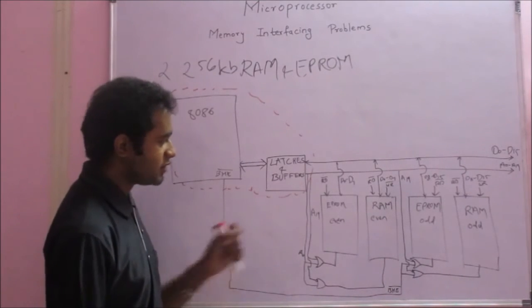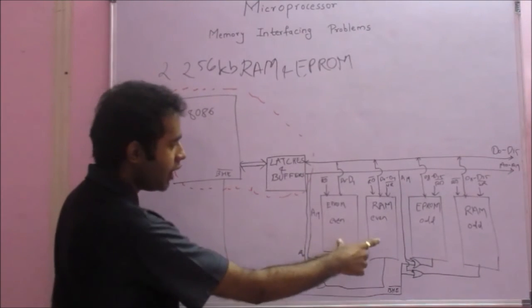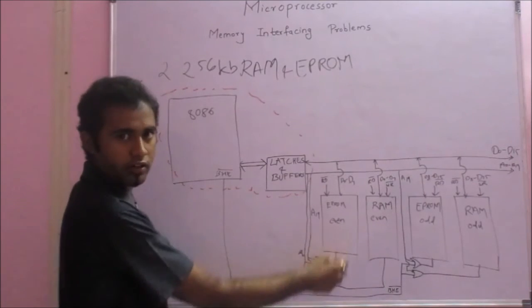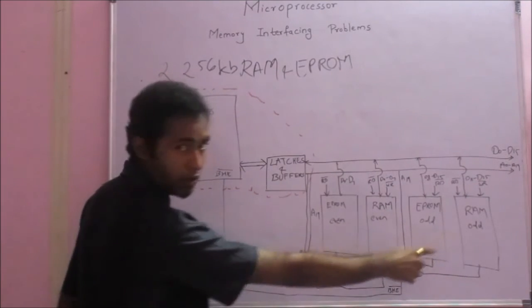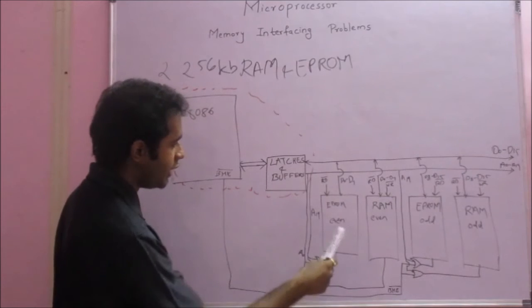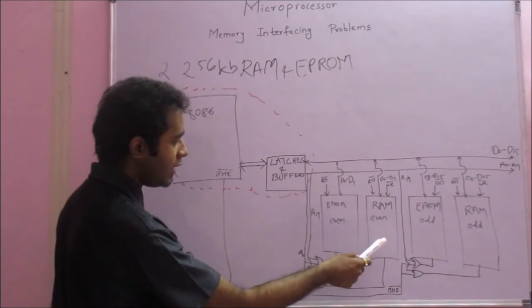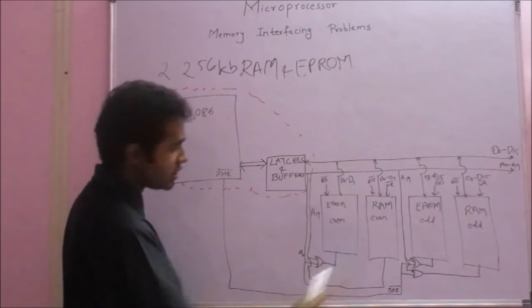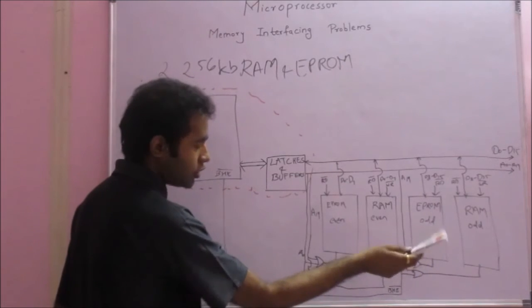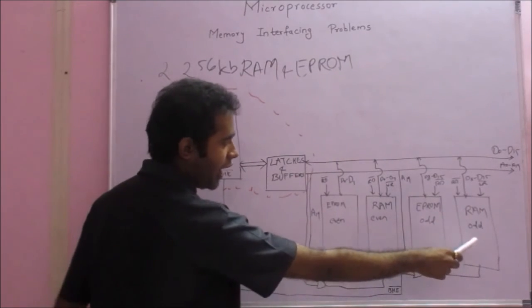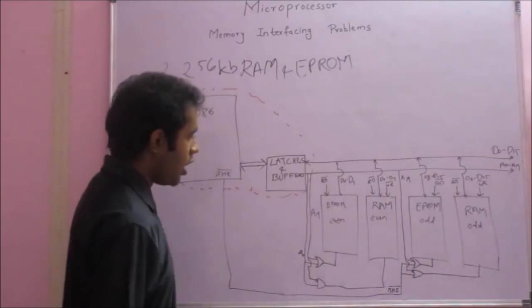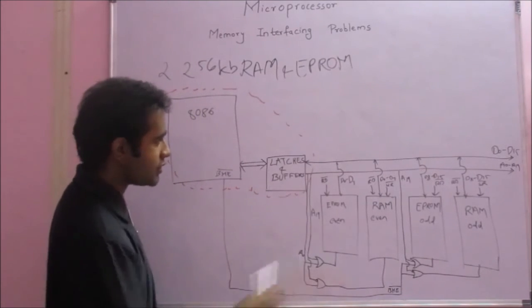I have placed them in such a fashion that the even devices are together, the even banks are together and odd banks are together. So the even EPROM and even RAM are placed next to each other, while the odd EPROM and odd RAM are placed together. Okay, now how have I made the connections?